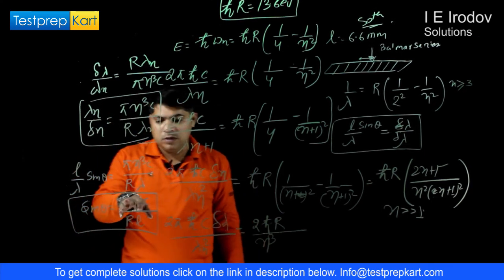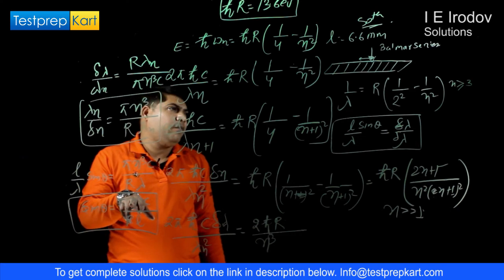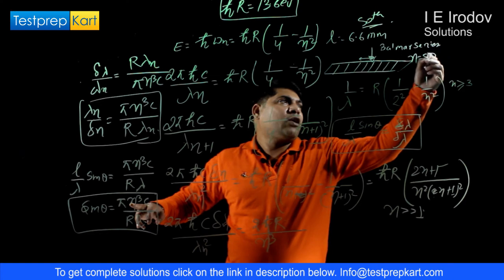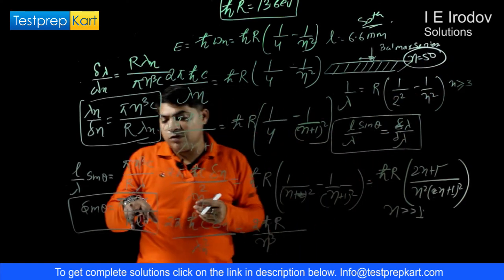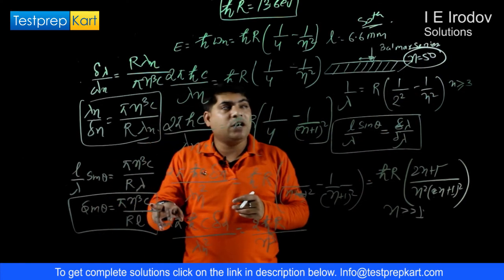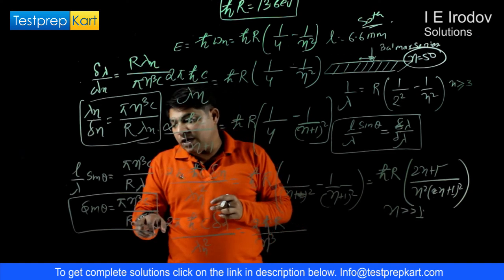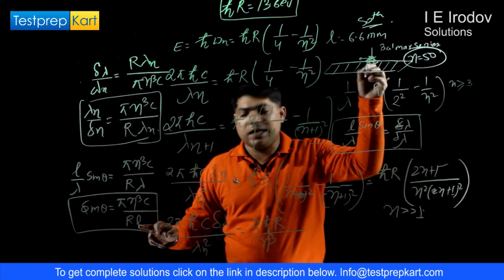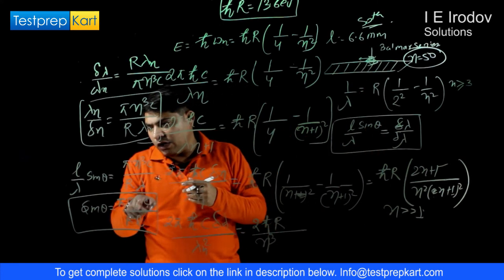Here n is 50, because we are talking about the 50th line of the Balmer series. c is the speed of light, R is the Rydberg constant, and L is the width of the diffraction grating. So all these parameters are known.